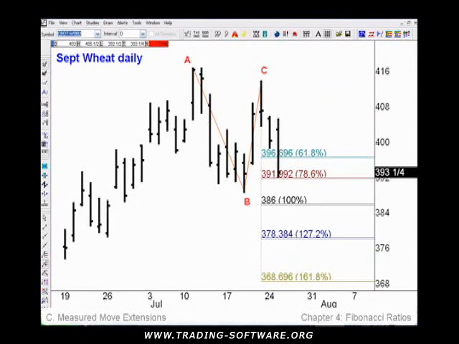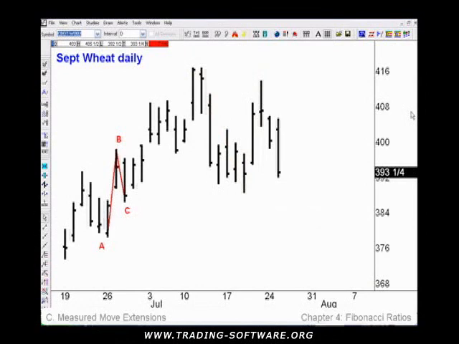So clearly the first measured move extension is the 100% at 386, followed by the other two. So this market has not come down yet. If and when it does drop below B, these are the areas that price action may bounce off of.